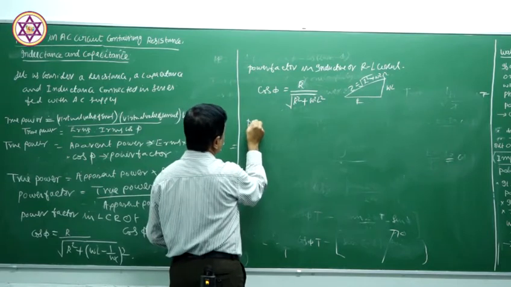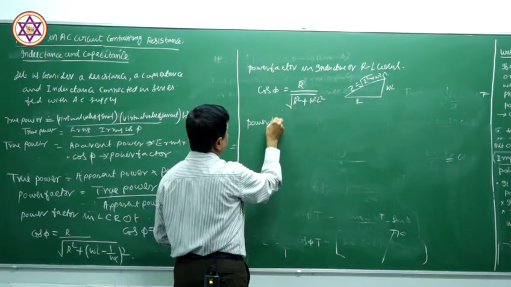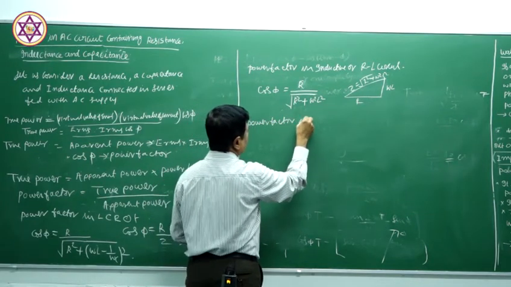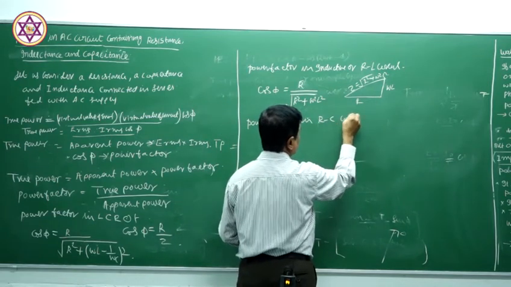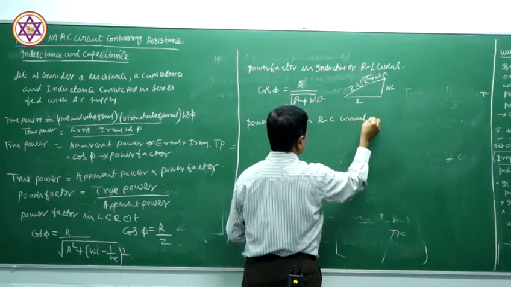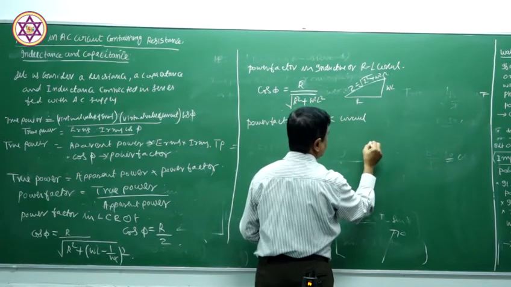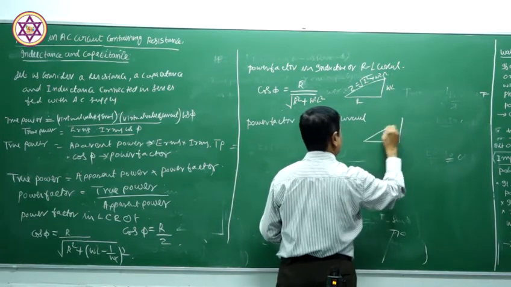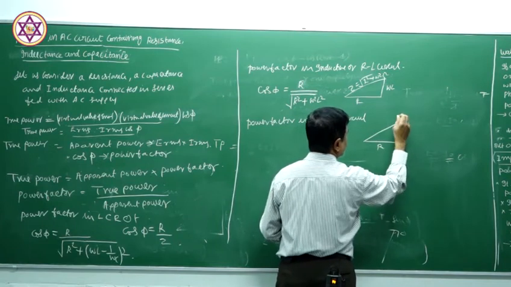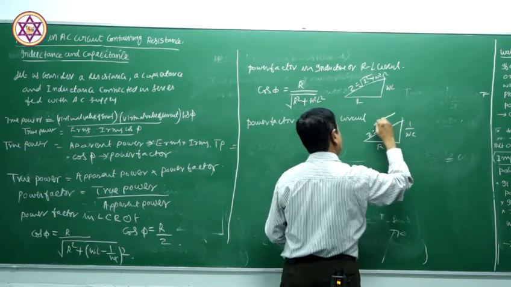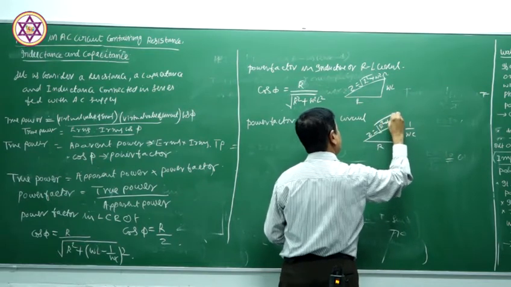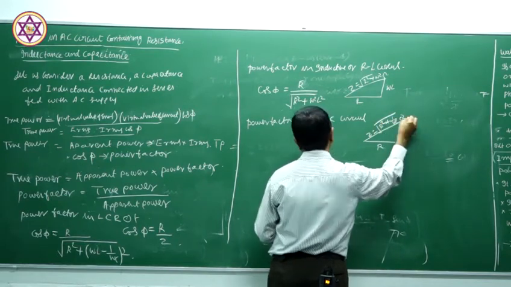So let us consider the power factor in an RC circuit. In the RC circuit the power factor can be written, this is R, this is 1 over omega C, and Z is equal to root of R squared plus 1 over omega squared C squared.